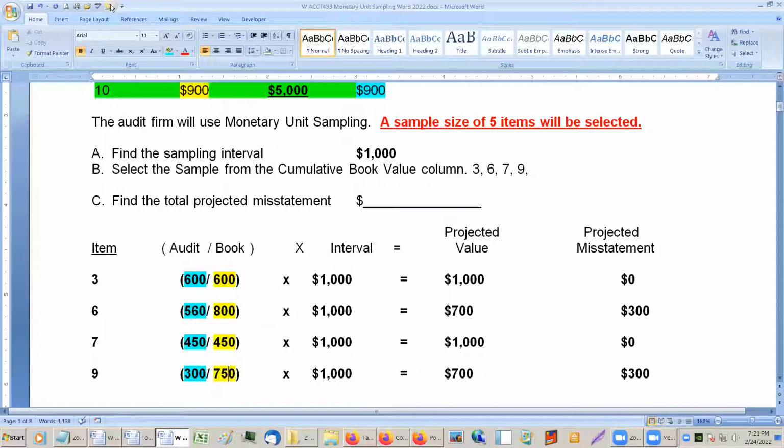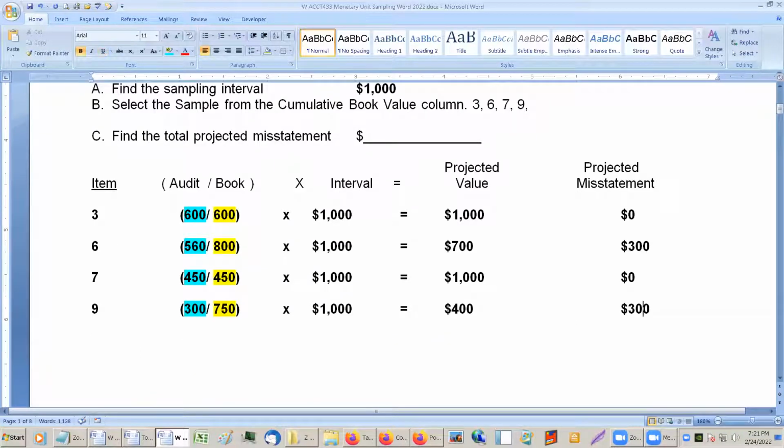So that's 400. The misstatement would be 600.